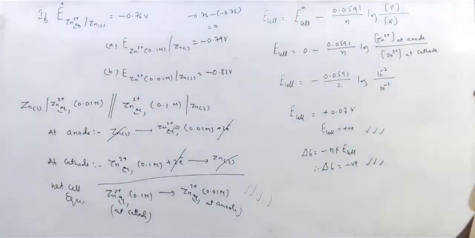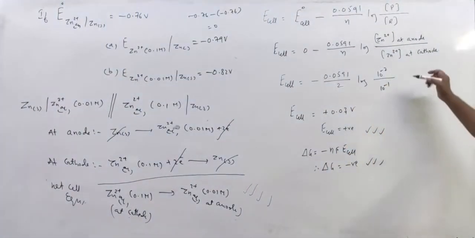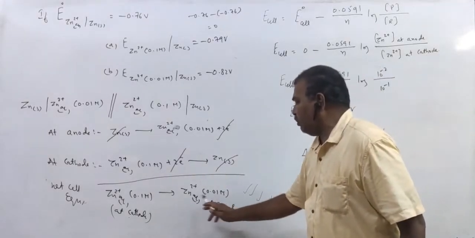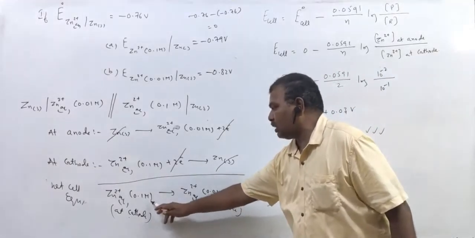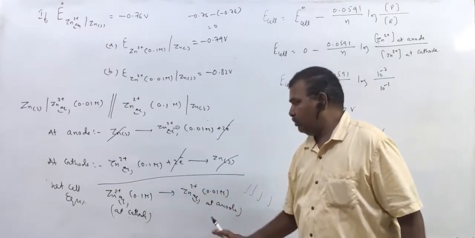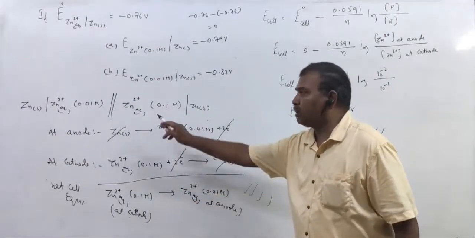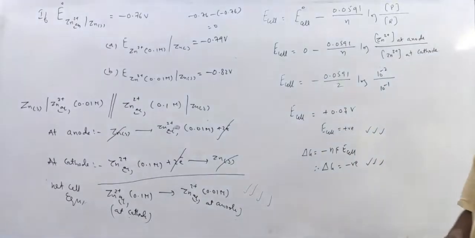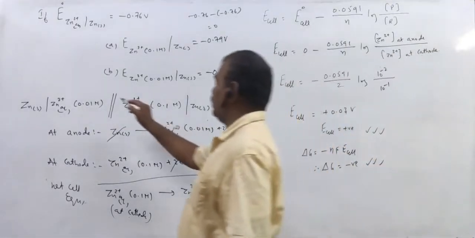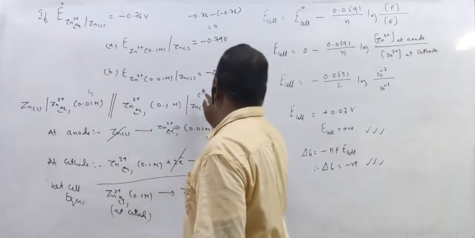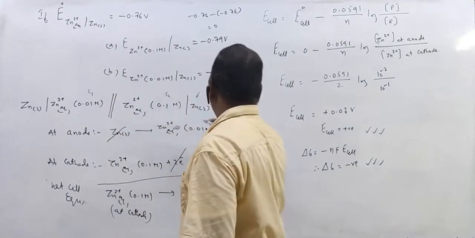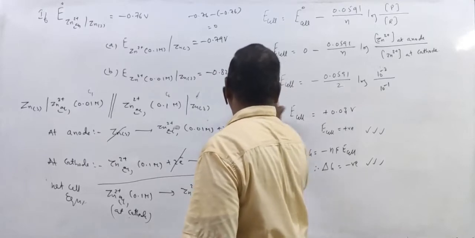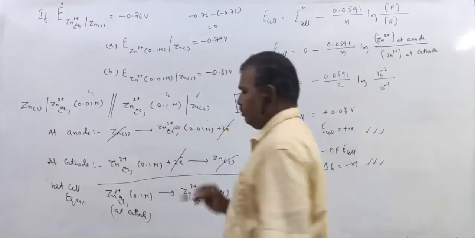Now, at anode the concentration will be less, at cathode the concentration will be more. Then the cell produces electrical energy. Say this is C1, this is C2. So C1 must be less than C2. Then the cell works.